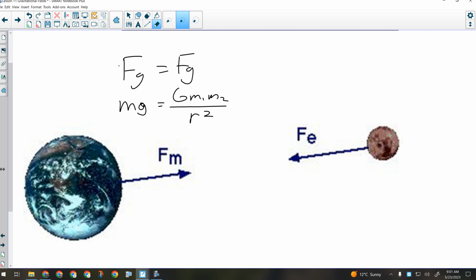But I got an m on both sides. So if I'm going to say that this is the mass of the Earth, what's this mass? Right, this is the mass of the smaller object. So what happens to the mass of the smaller object? It cancels because it's on both sides.